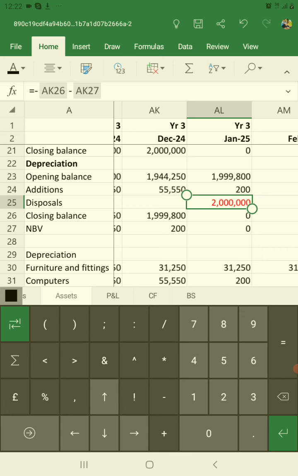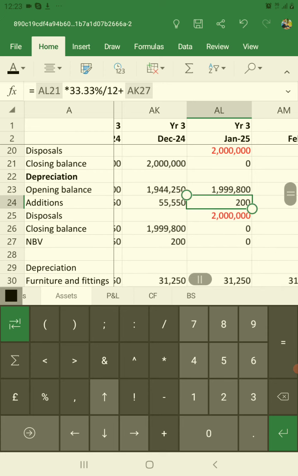enter. Okay, what has it done? Additions. Okay, so it's okay. So the depreciation, the closing balance here, because we have disposed, the closing balance is 0, so the depreciation is 0.